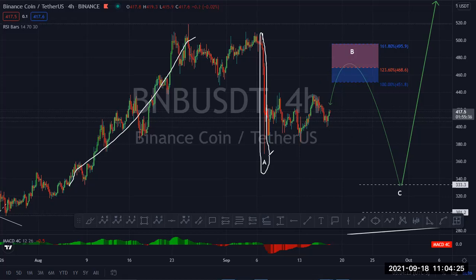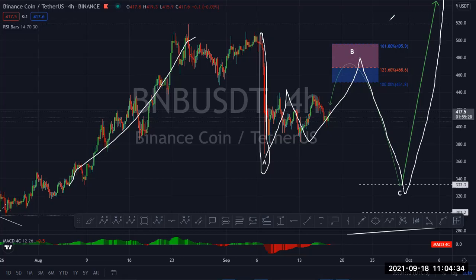So we are expecting an A, B, C to complete the wave B, then from there wave C before this. So bear in mind that BNB will possibly come to 460, 470, 450, then drop again to 340 or below.